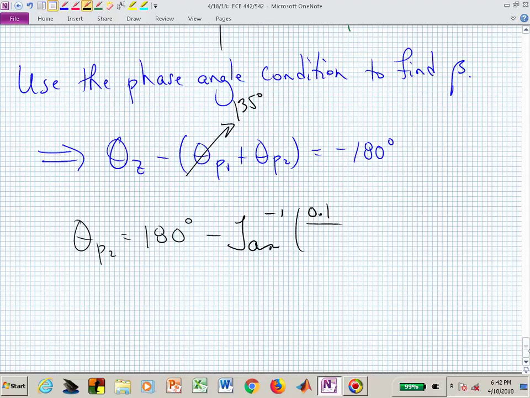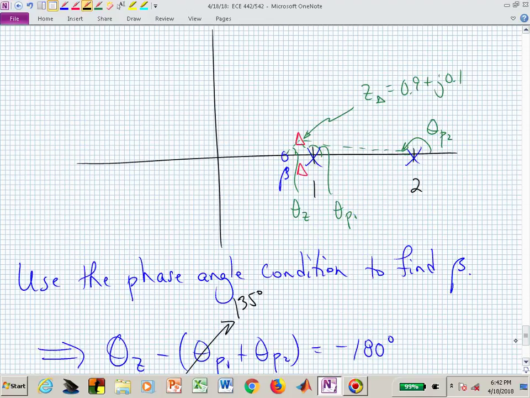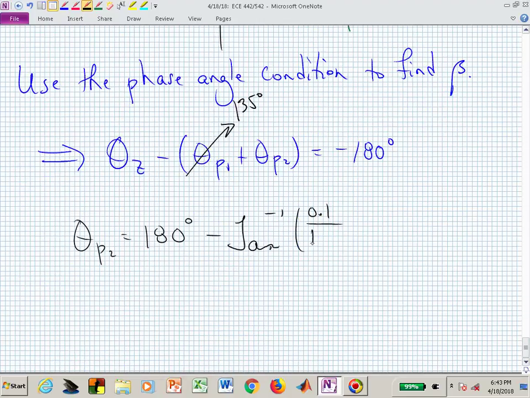What's the adjacent side? 1 and a little more, right? 1 plus 0.1 or 1.1 is the horizontal distance. Is it clear where that came from?